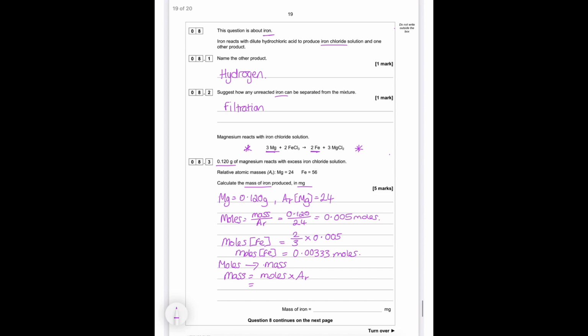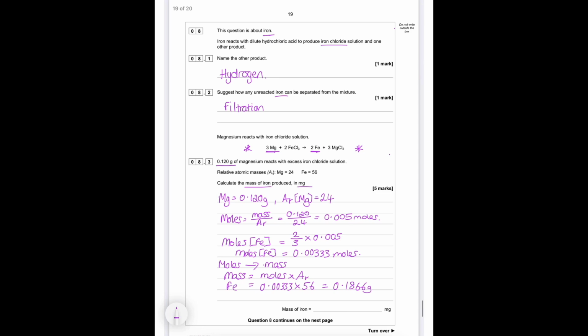So we would have 0.00333 times 56, and that gives us an answer of 0.1866 grams, and that's for our iron.